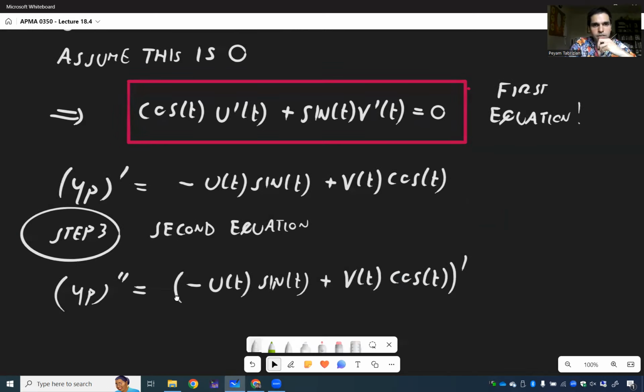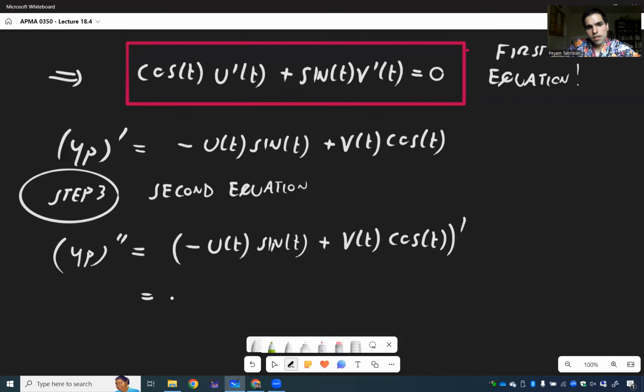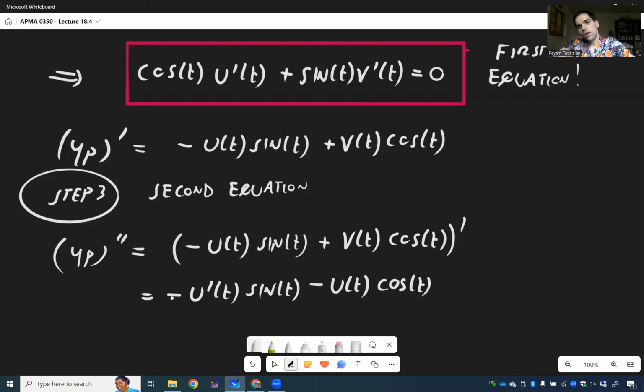And that becomes minus u prime of t sine of t minus u of t cosine of t plus v prime of t cosine of t. And I think minus v of t sine of t.